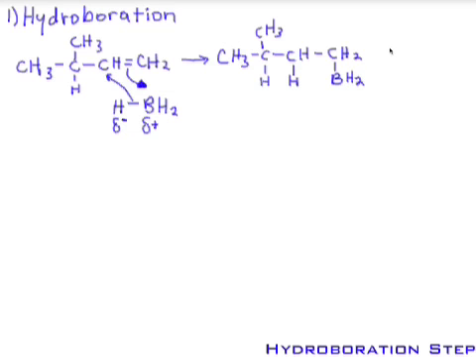Now what's interesting about this is the boron has two more hydrogens that are delta minus, and the boron still has an empty orbital, so it can do the same thing again to another alkene. It can react 2 more times. And if it does react 2 more times, you end up getting 3 of these groups around the boron.